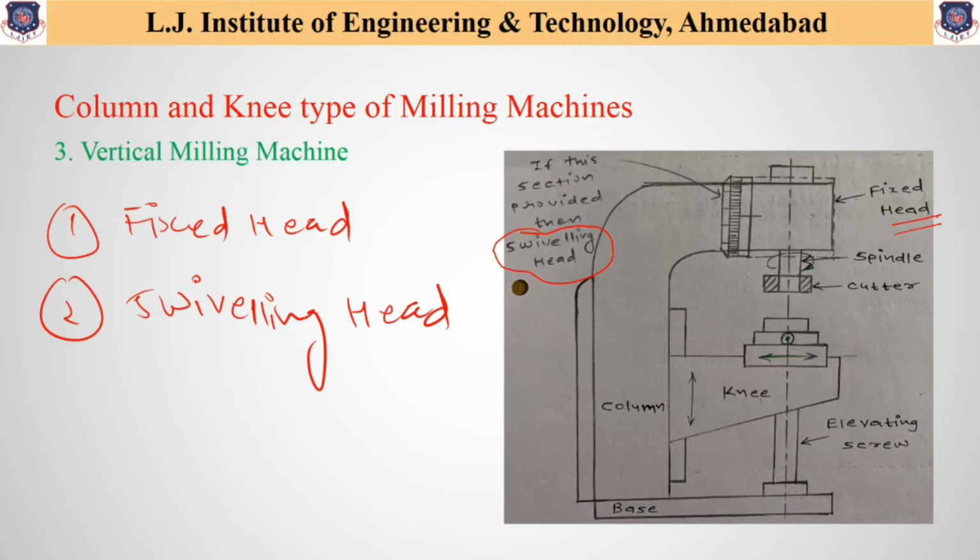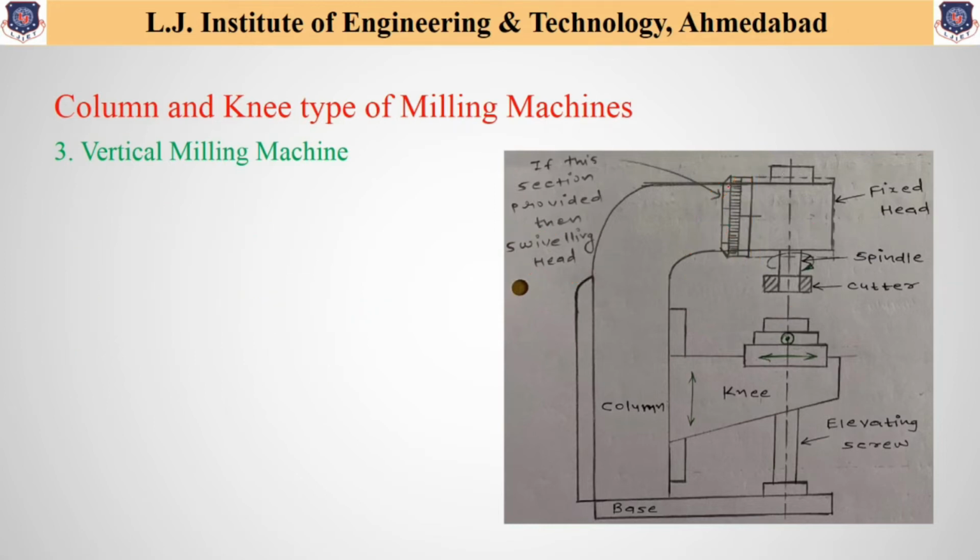In normal cases, a vertical milling machine may consist of a fixed head or a swiveling head. If we look at the figure available over here, the spindle always remains vertical and can only be adjusted up and down, remaining at a fixed position on this vertical axis. At that time this type of head is called the fixed head, and there are no gradual markings available. So this is the first type, the fixed head type vertical milling machine.